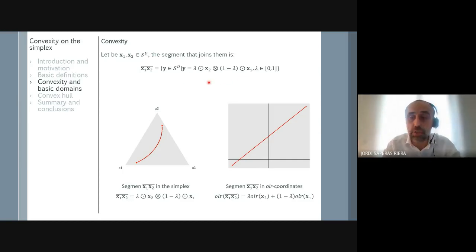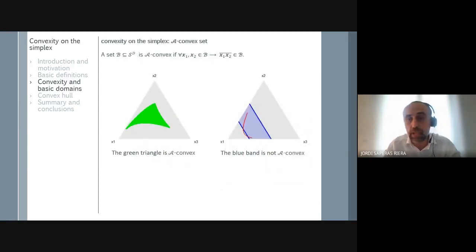This definition corresponds to the Euclidean definition of segment in coordinates. With this definition of segment, we are able to define convexity on the simplex. A set is convex if the segment that joins any two points of the set is contained in the set.